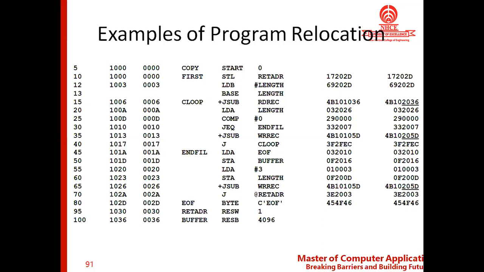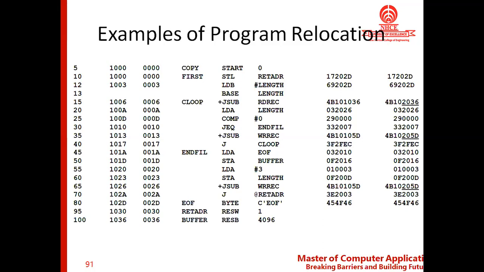And similarly, in the line number 35, I think you can make out the underlined one would be giving you a different value when compared with the other object code. In the line number 35, instead of 105D, you could find 205D.